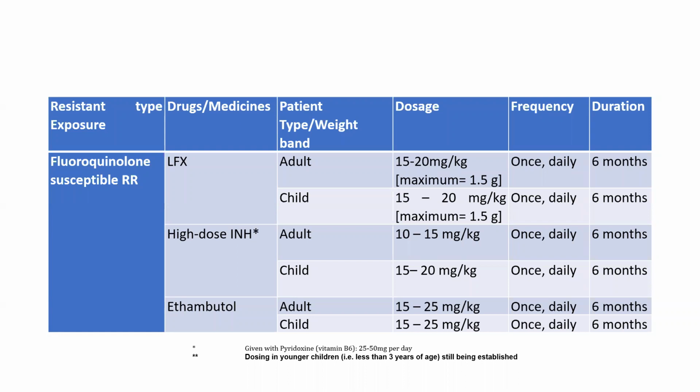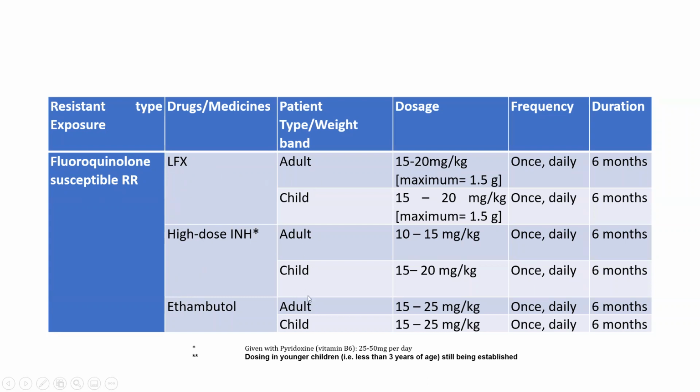Now, in summary of what I was talking about, with the type 1 treatment or management of contacts, if the source case has fluoroquinolones acceptable, you could give levofloxacin, both for adults and children, or you could give high dose INH, or you can give the combination of 2 or 3 of them together.